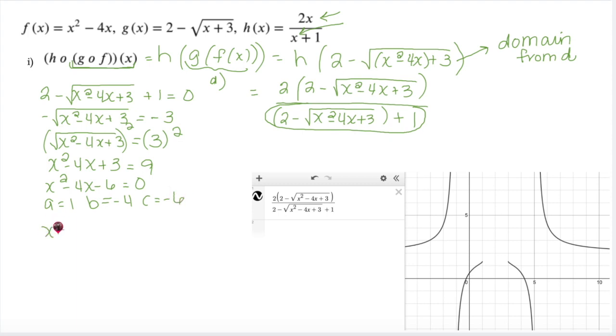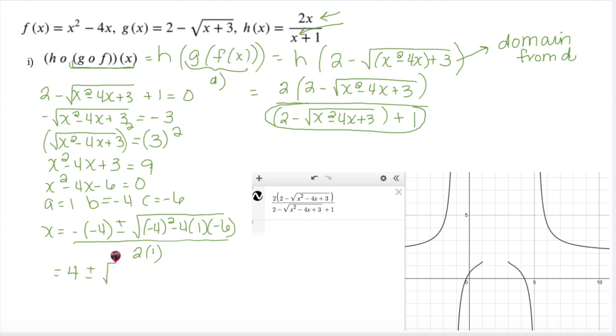So x is equal to the opposite of b plus or minus the square root of b squared minus 4ac, all over 2a. Oops. This simplifies to positive 4 plus or minus the square root of 16 plus 24, over 2.